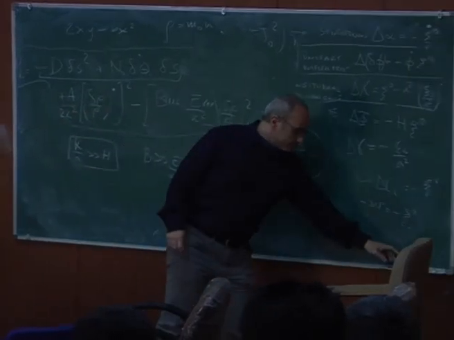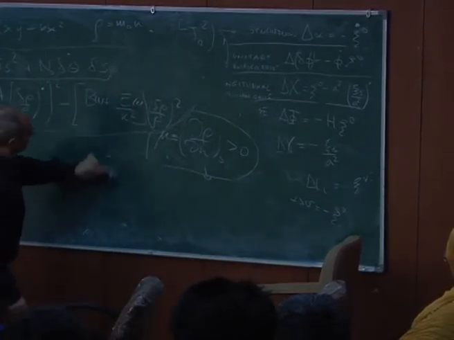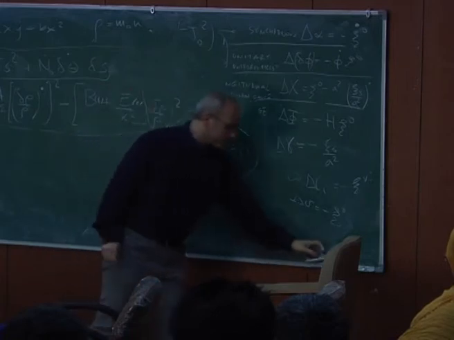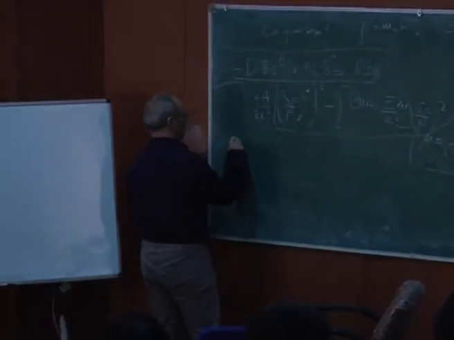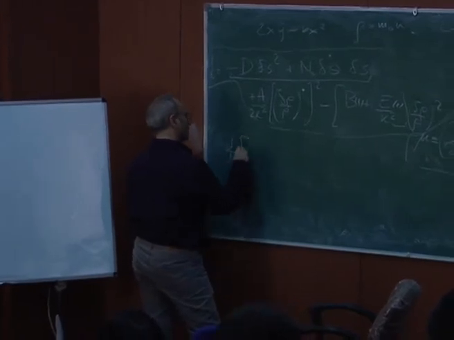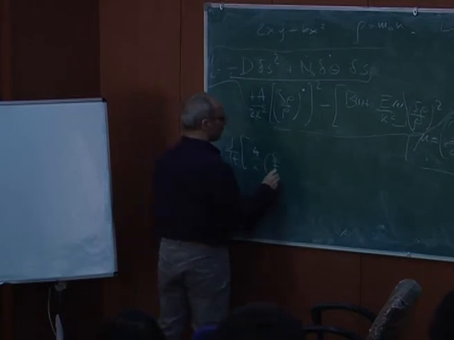On top of that, the equation of motion will be A divided by k squared, delta rho divided by rho dot.